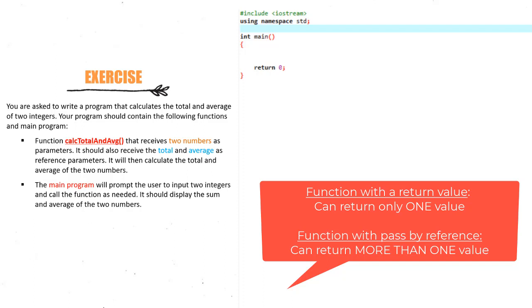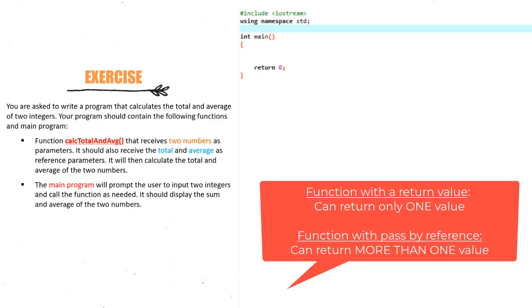Because with pass by reference, we can use as many parameters as we want, and it will automatically update those parameters, so we can send more than one value instead of only one if we use a function with a return value.